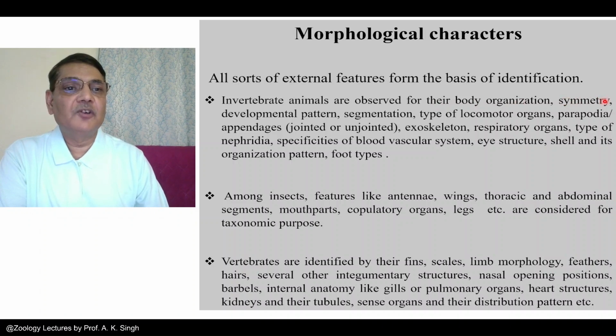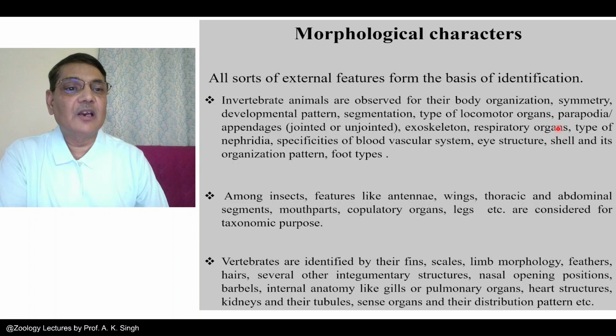Then kind of symmetry, whether radial symmetry or bilateral symmetry, what kind of symmetry is there. Developmental pattern, segmentation in the animals, type of locomotory organs present in them, parapodia, and appendages, like whether the appendages are jointed or not jointed. Then exoskeleton, type of exoskeleton present in different parts of the body.